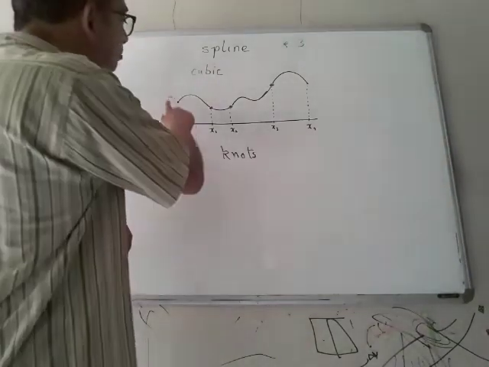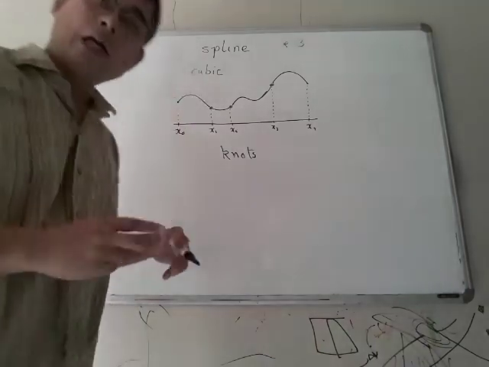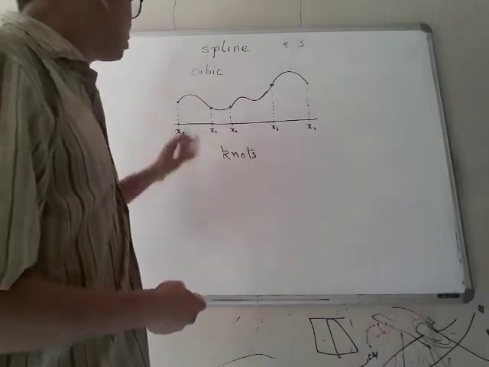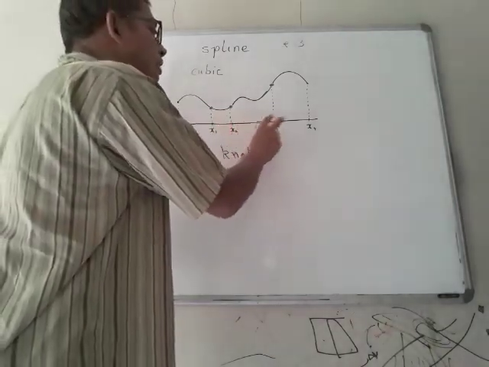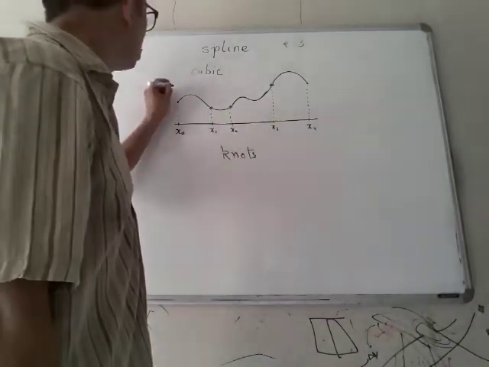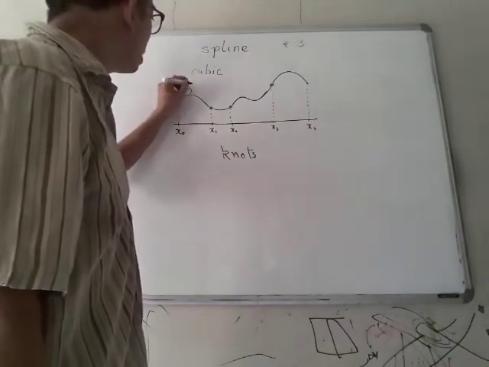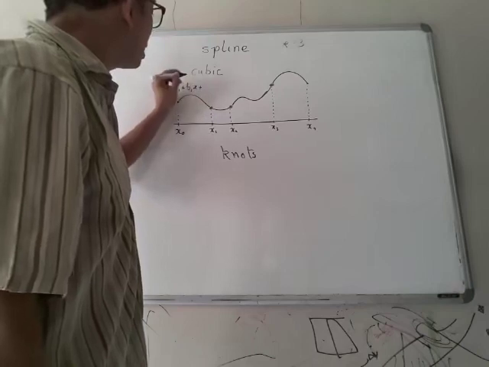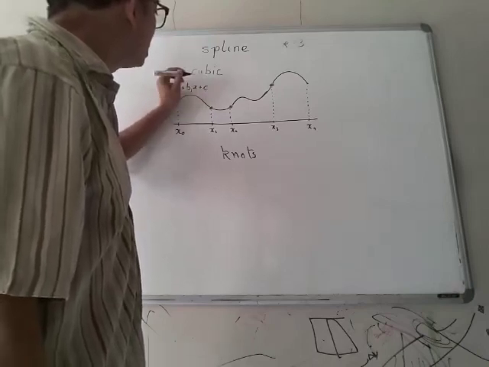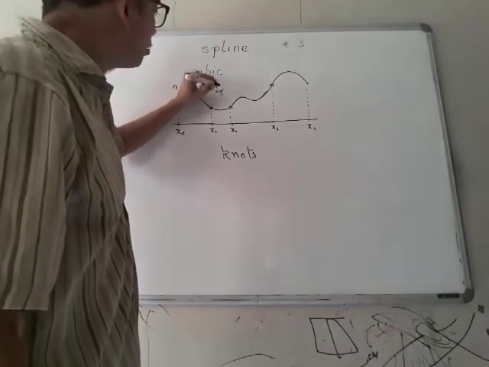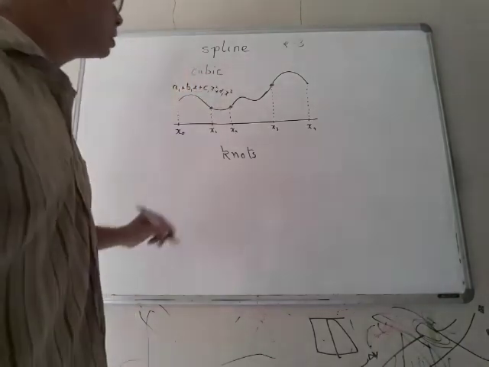So here, each of these parts is a cubic polynomial, or a polynomial of degree less than or equal to 3. So if I call this interval 1, interval 2, 3 and 4, here the polynomial would be like a1 plus b1x plus c1x square plus d1x cube.